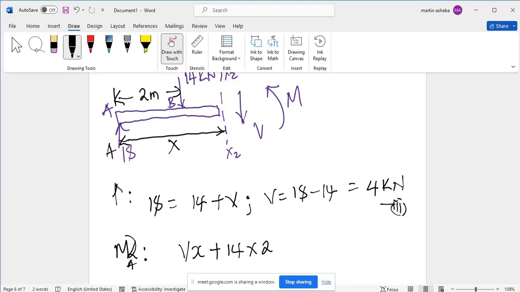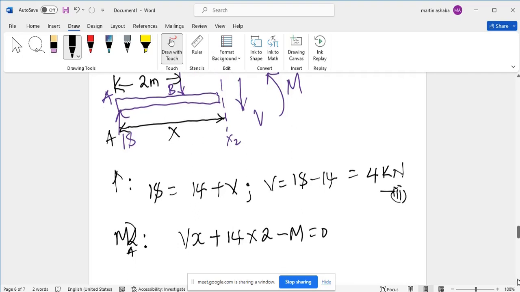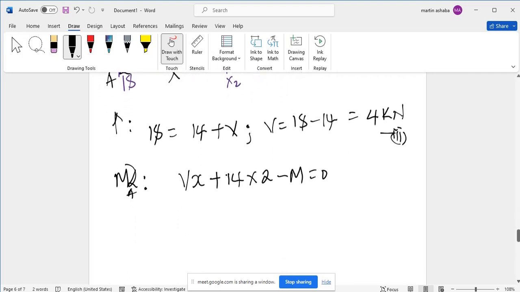Those are in clockwise direction, then minus M, which will equal 0. At the end of the day, I want the equation for the bending moment. But remember, V is already calculated, so I'll just substitute in here so that I have M, which is going to be 4x plus 28. Call this 4.